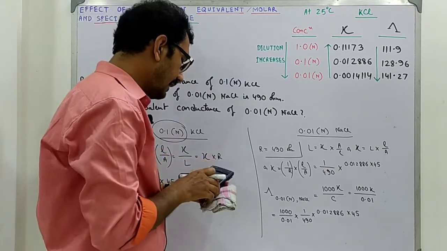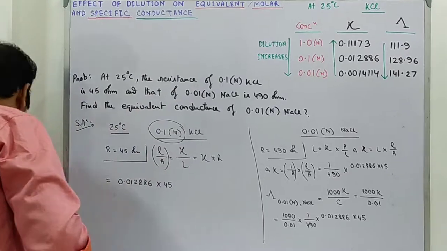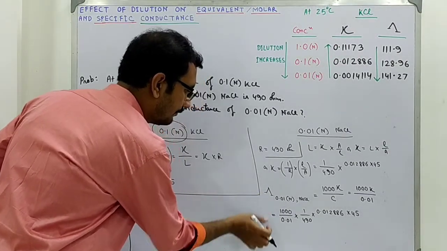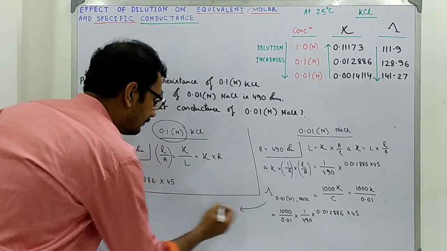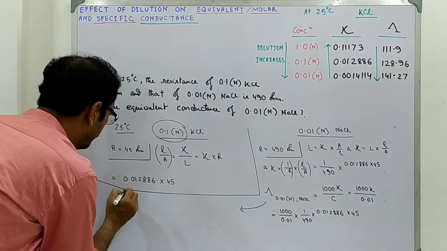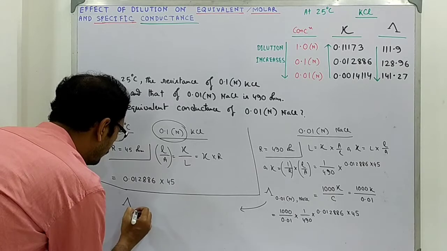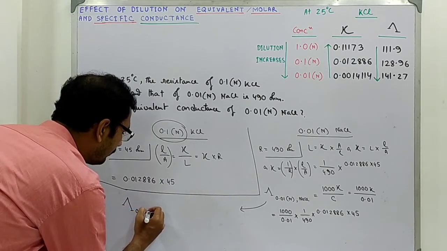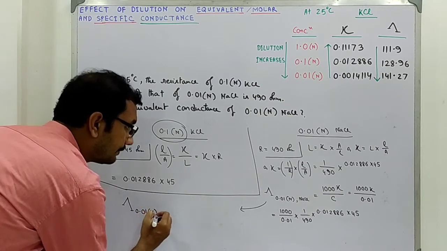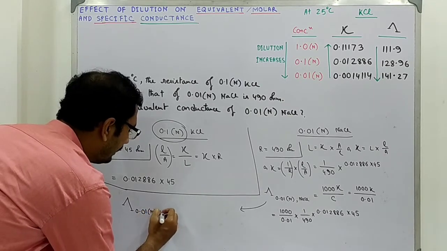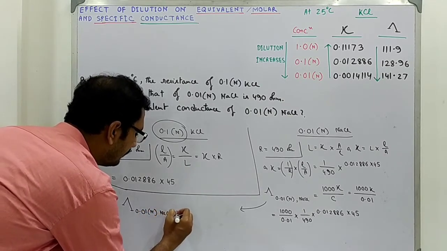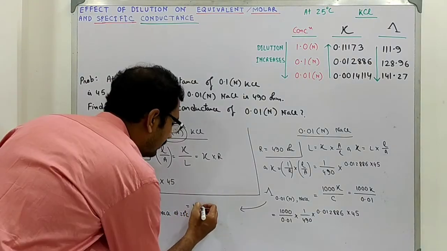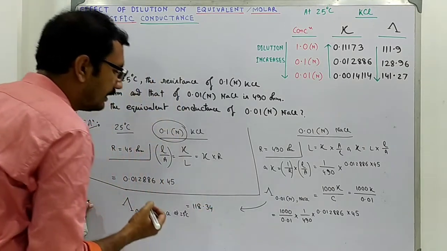So, it is 118.34. So, this is the equivalent conductance of 0.01 normal NaCl at 25 degree centigrade. Now, what is the unit?